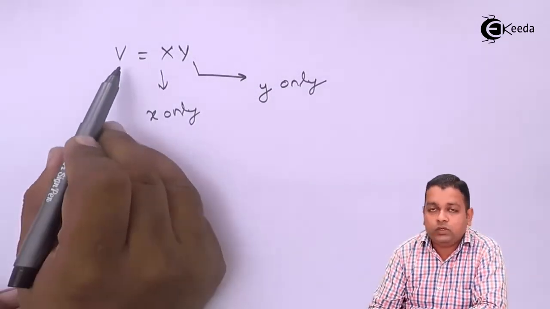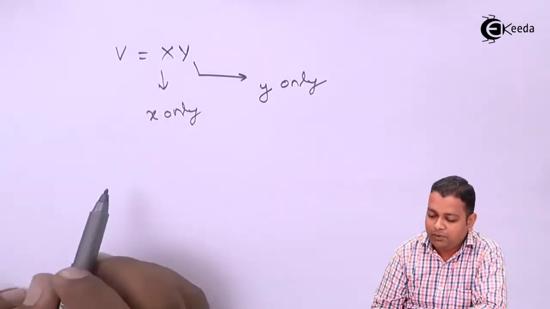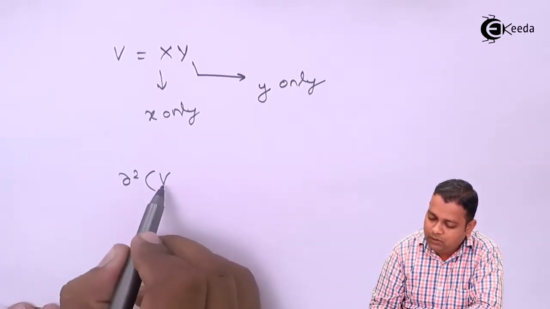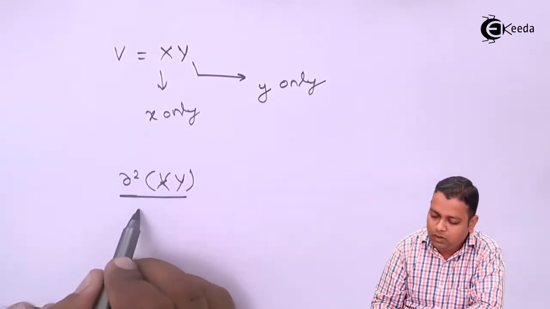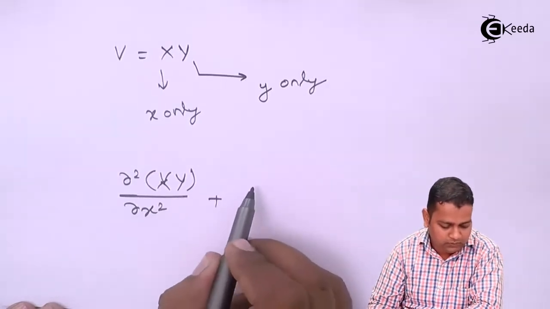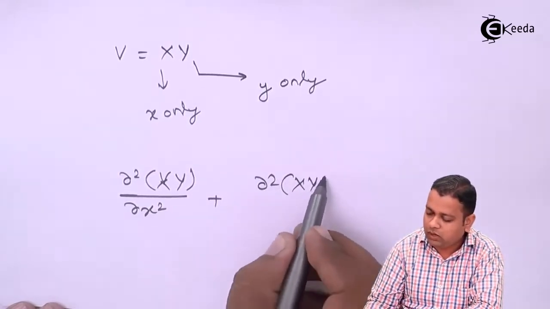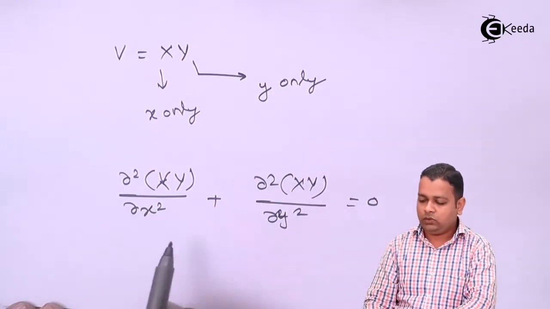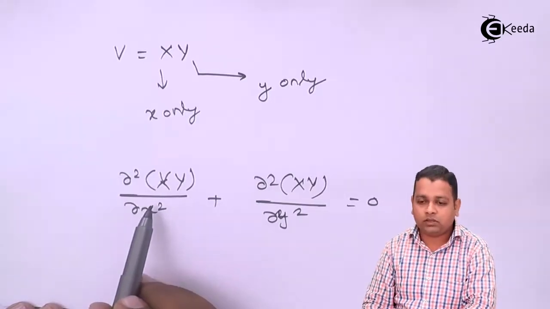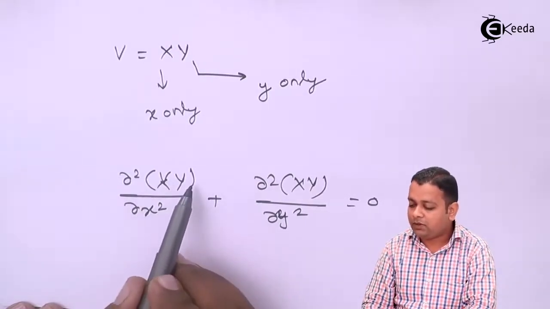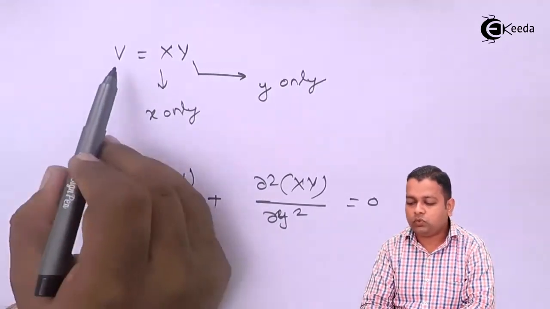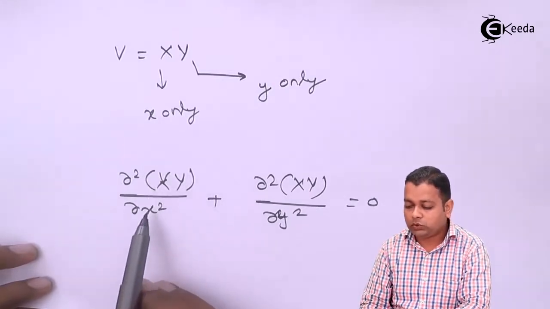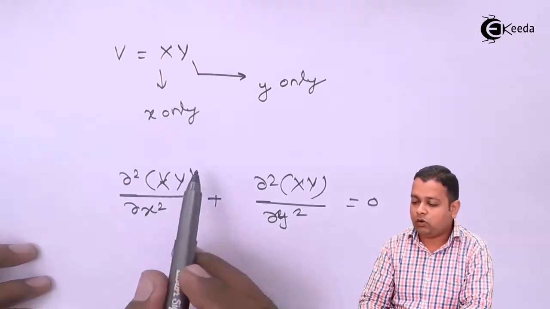If we substitute V is equal to XY into this Laplace equation, we shall obtain del square capital XY upon del x square plus del square capital XY upon del y square equal to 0. It is in general the second order partial differentiation with respect to x for capital XY, which is the assumed solution of V. Capital X is a term of small x only, capital Y is a term of small y only.